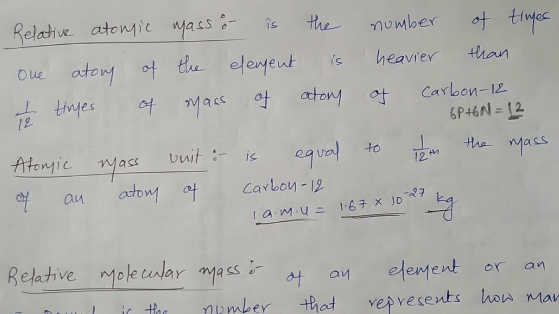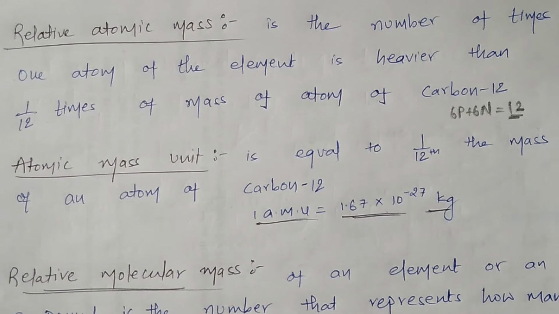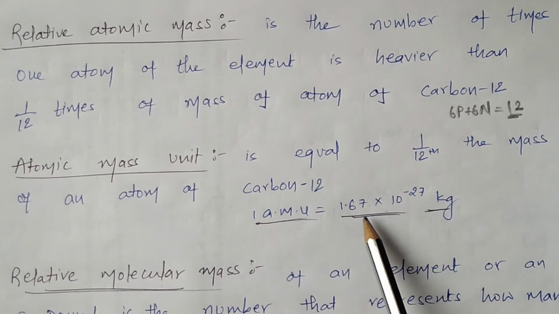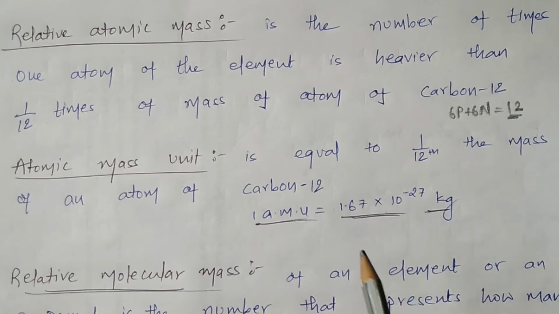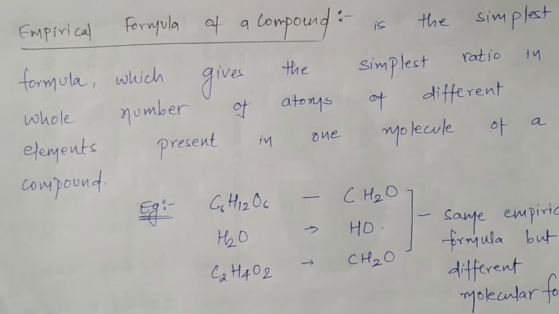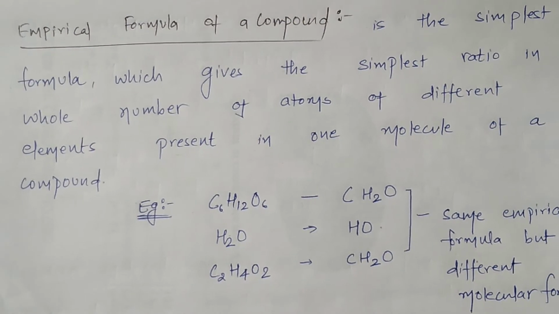If on the other side of the pan you kept 2 kg, it will be 2 kg, but it will be relative to the pan you have kept. So in the same way here, our reference is what? Reference is 1 AMU, which is equal to 1/12 of the mass of an atom of C-12.